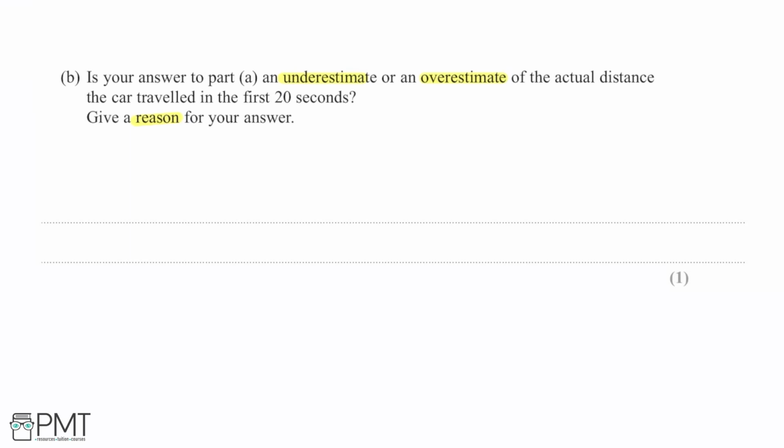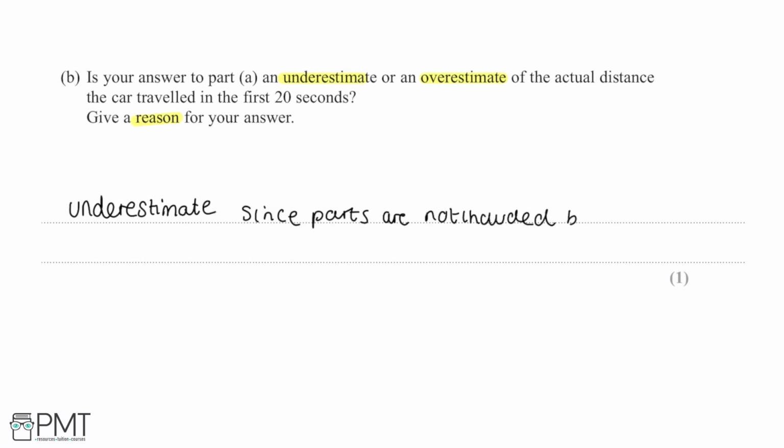So to get the marks here, I'm just going to put underestimate. We're stating that it is an underestimate, and that's going to be since parts are not included below the graph.